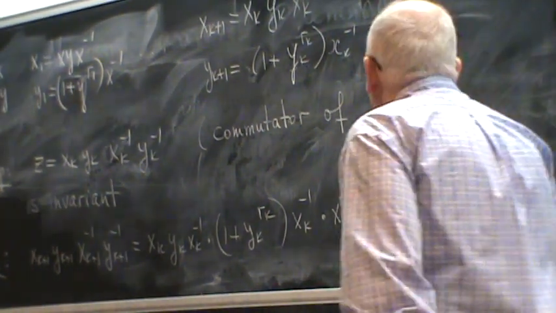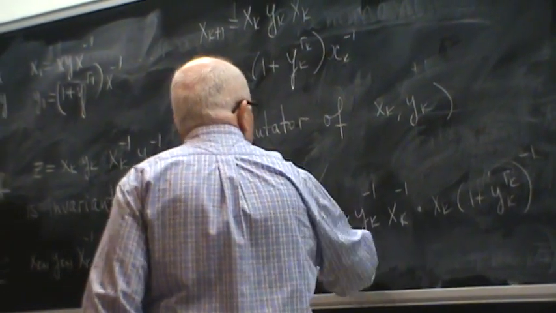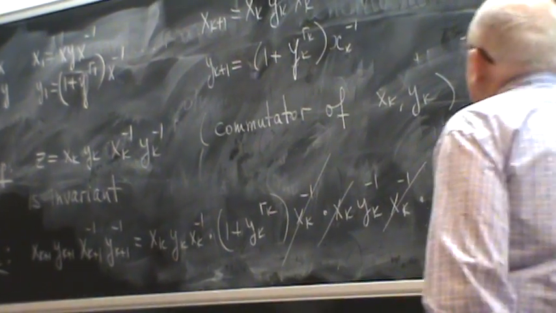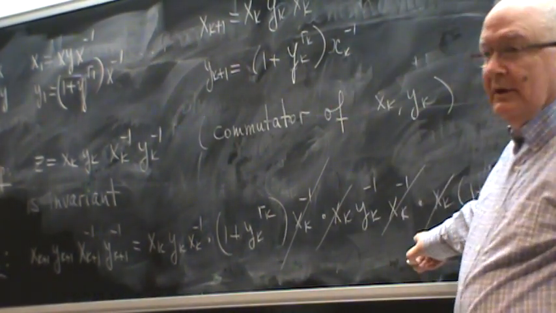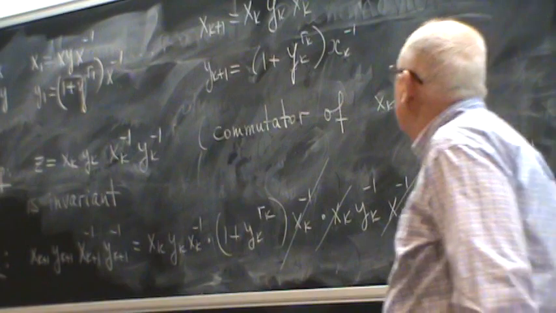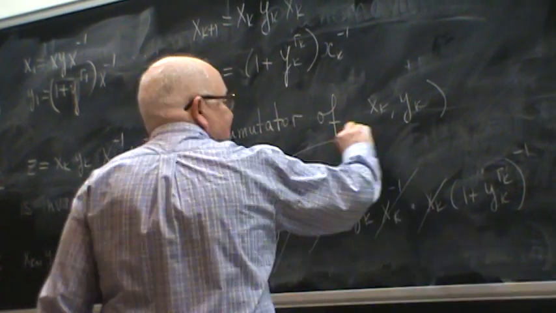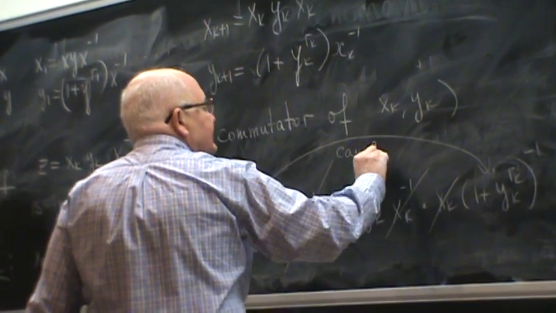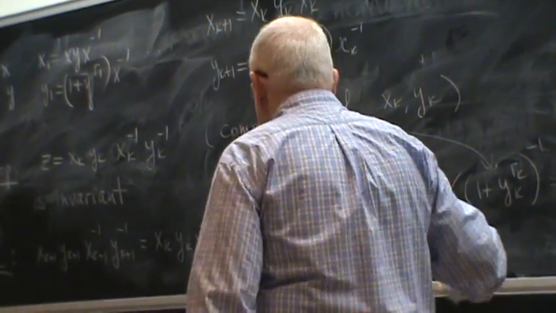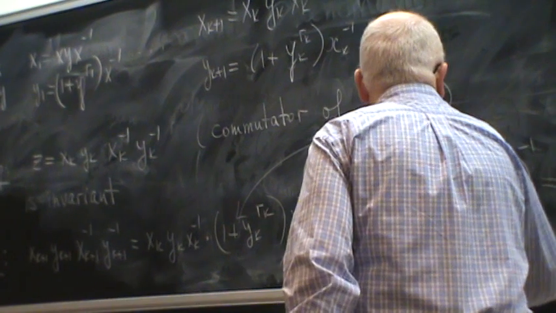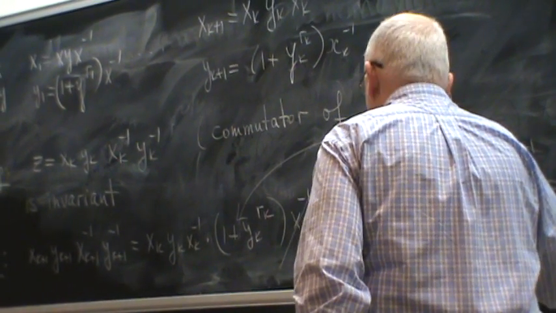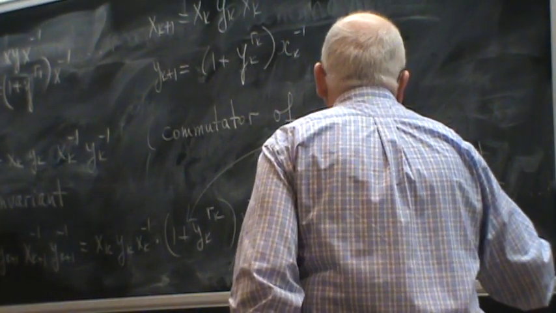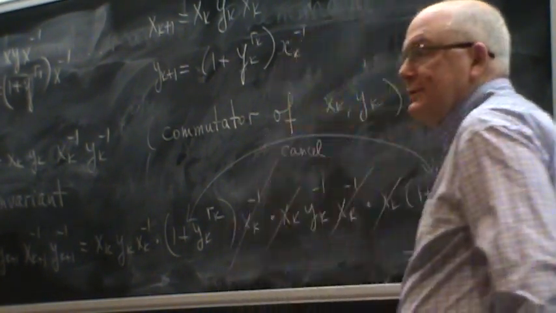So you have this. And now you can actually cancel these two guys. Then here you have just one variable, k, so you can cancel this, and the result is exactly xk, yk, xk inverse, and yk inverse.